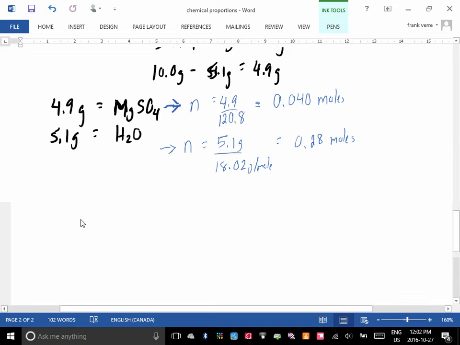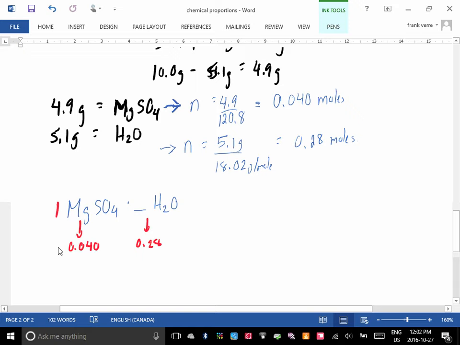Again, what's the formula for Epsom salt? MgSO4 times, no, hold on, imagine we don't know what the water is. We're trying to figure that out, okay? But now we're going to write down what we know. We know that the magnesium sulfate is 0.040 moles and that the water is 0.28. Now, how can I make this 1?